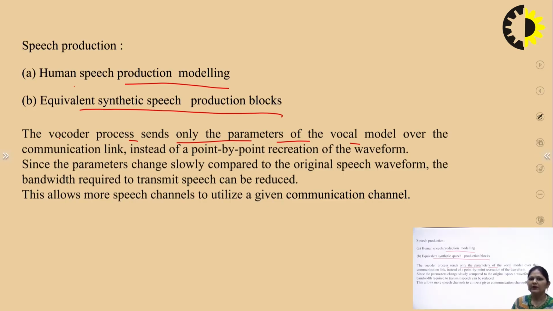Only a few parameters are taken from the voice signal and provided to the system, and accordingly a digitized version of the voice signal is generated over the communication link, instead of point-by-point recreation of the waveform. In earlier slides we discussed that we do not have to send the precise waveform, only the required information from which the actual voice signal can be reconstructed.